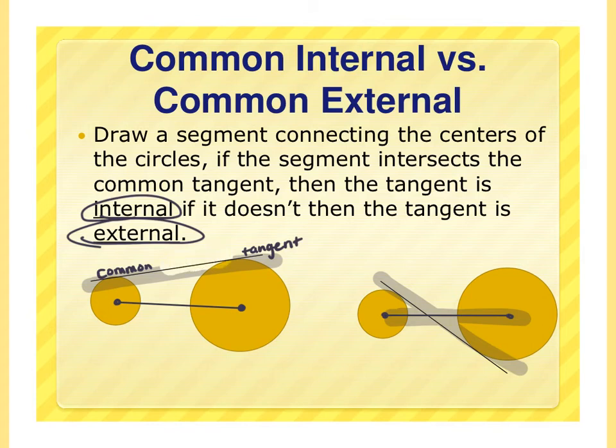If it doesn't cross it, it's external because it's outside. And if it does cross it, it's internal. So that switched. Hang on. I'll correct it and then we'll go back to it.